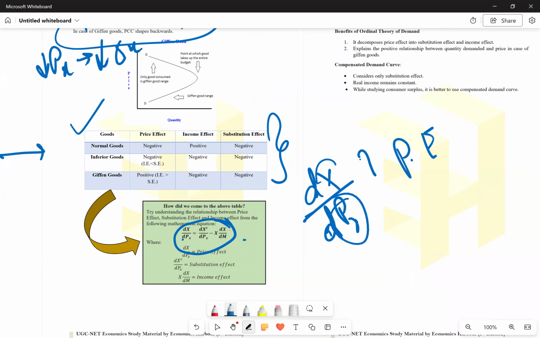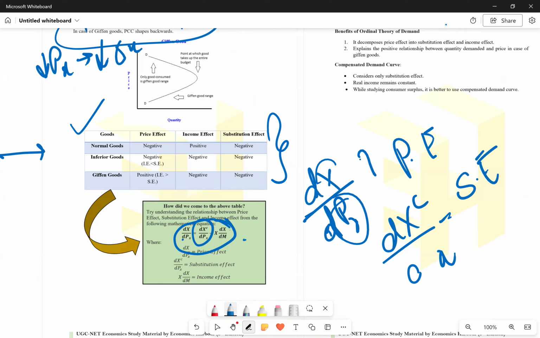Now, dxc upon dpx is your substitution effect. So how will your demand for the related good be affected due to change in price of X? That is your substitution effect.